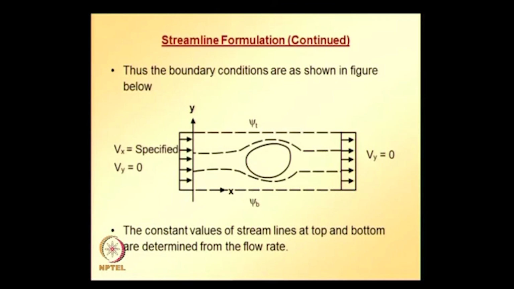The constant values of streamlines at the top and bottom are determined from the flow rate. So, the difference between psi t and psi b is given by the flow rate.